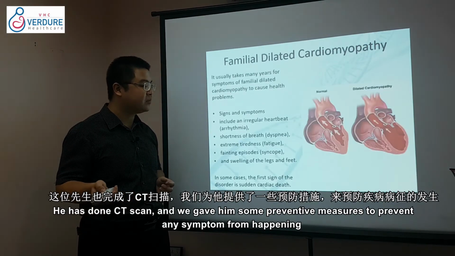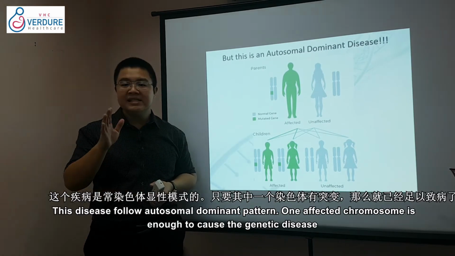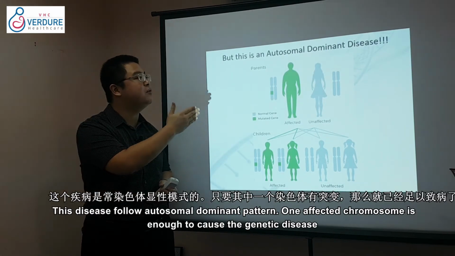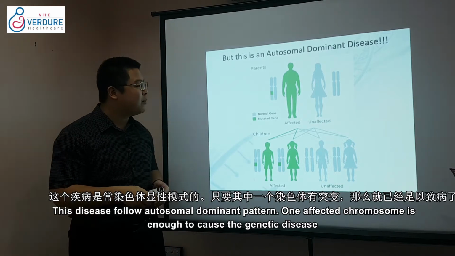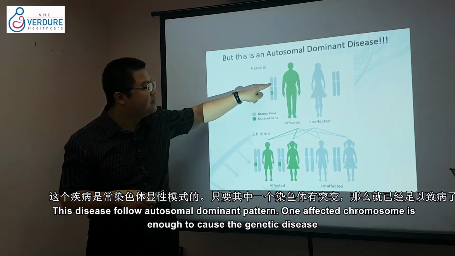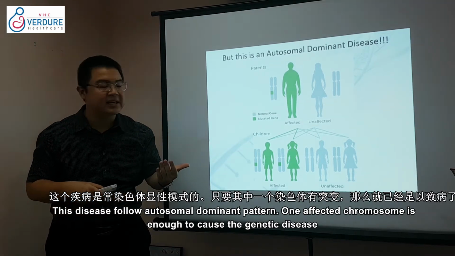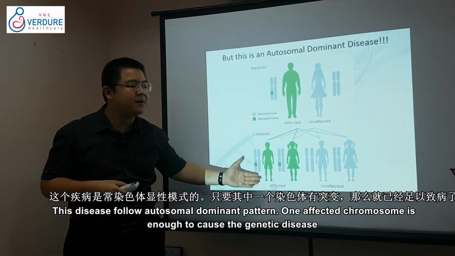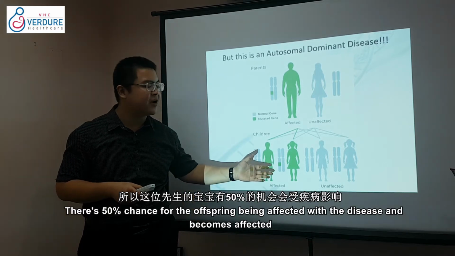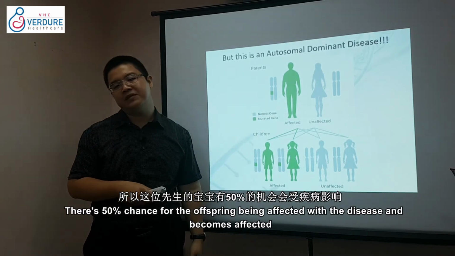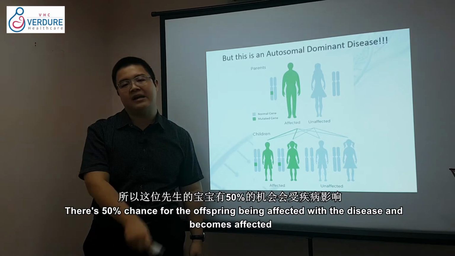But more importantly, this disease follows the autosomal dominant manner, whereby one chromosome being affected is enough to cause this genetic disease. That means that there is a 50% chance of the offspring inheriting the disease and becoming affected.